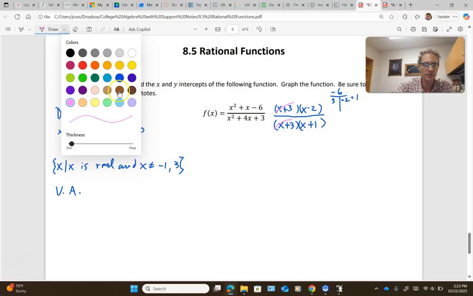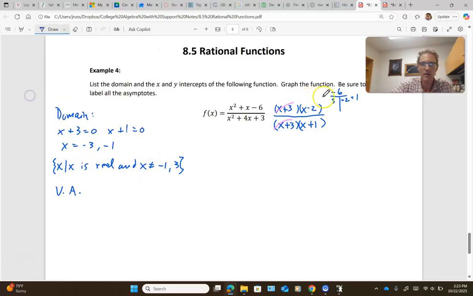Most of the functions you guys are going to come across probably will not be simplifiable, but you will see one or two that you can. So we're only going to actually have one vertical asymptote, because after we simplify it, I only have one factor down there now, and when I set that equal to 0, I get x is equal to -1.